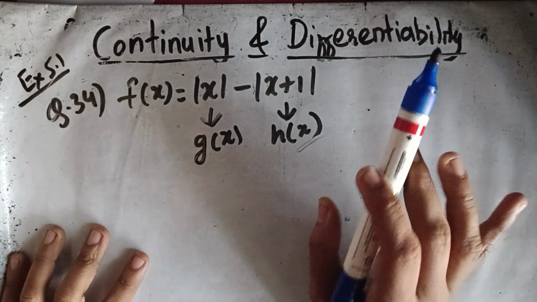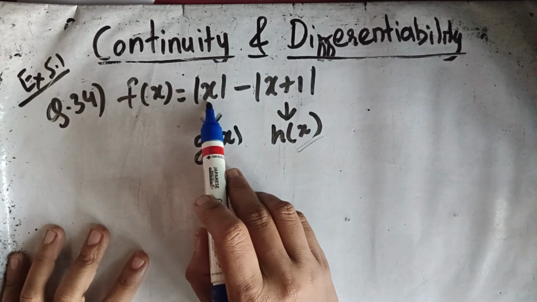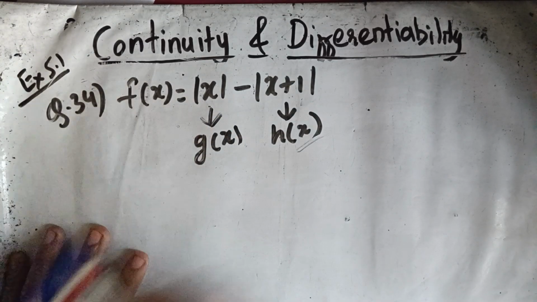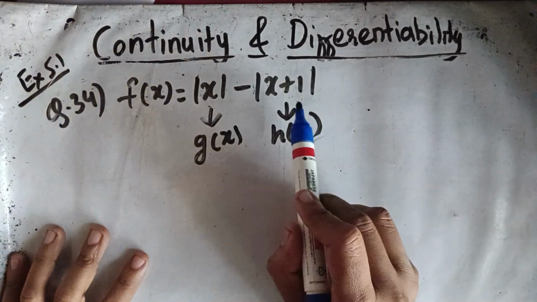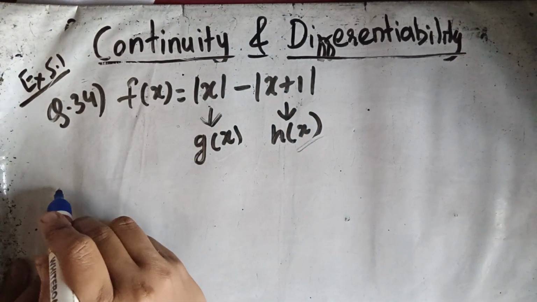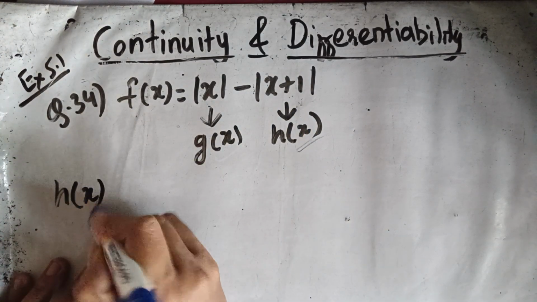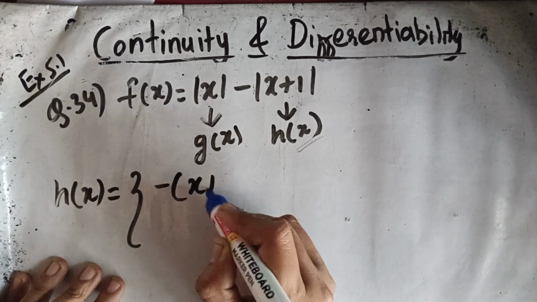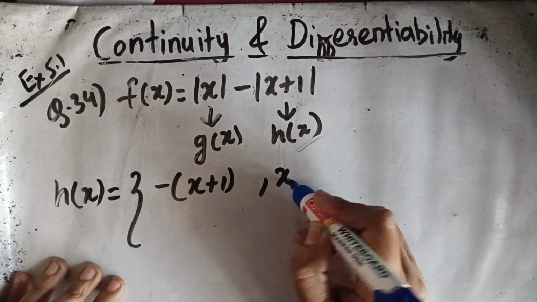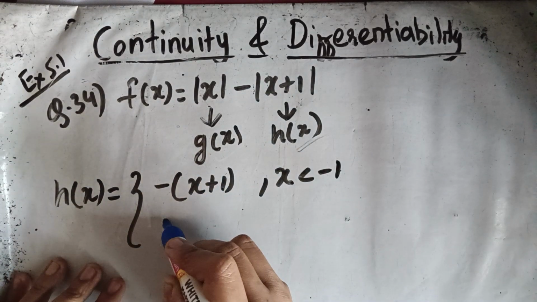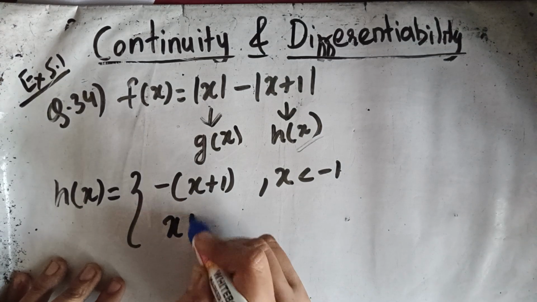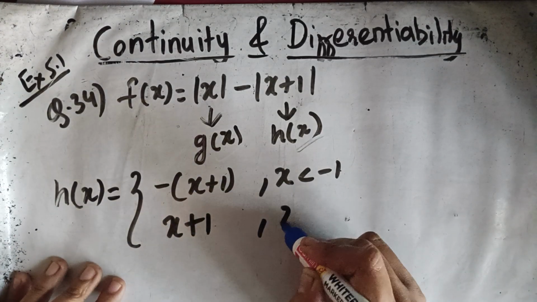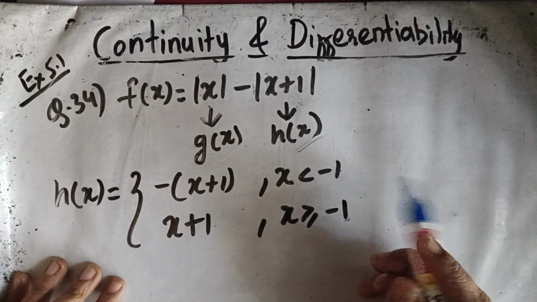So we have already proven that this mod of x is continuous, correct? Let's prove that h of x is continuous. So according to the definition of mod, this is minus of x plus 1 for x less than minus 1, and this is x plus 1, that is a positive value, for x greater than or equal to minus 1.